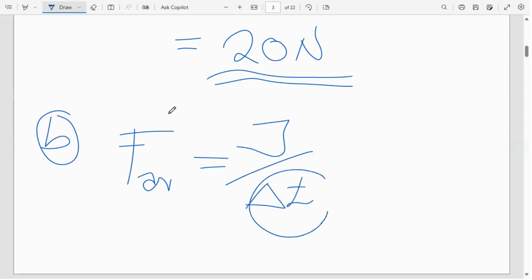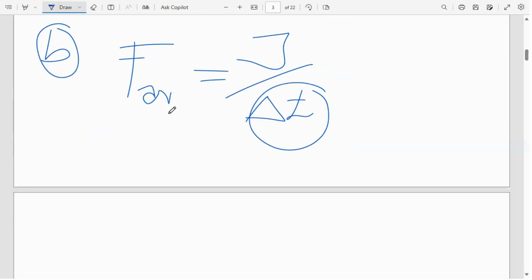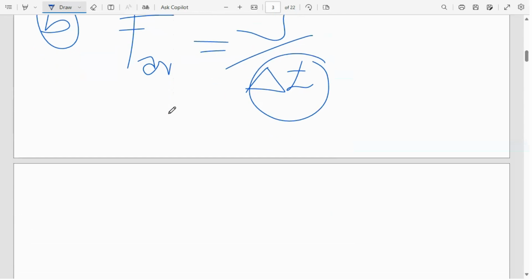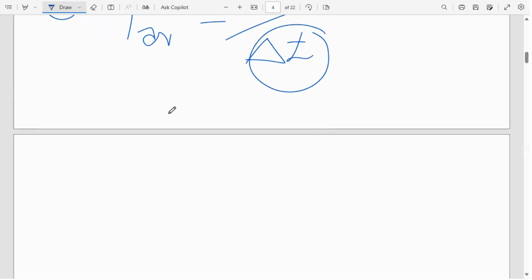This is the time taken during the collision. The delta t that I've included down there as a denominator is the time that the two objects were in contact with each other. So average force is given by the impulse over the time of collision, or contact time.